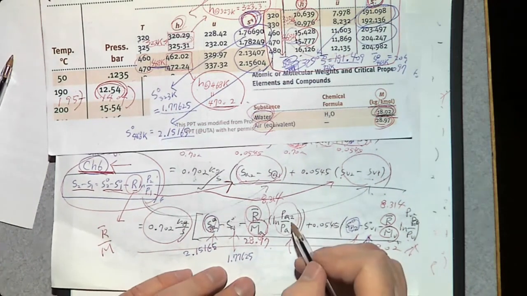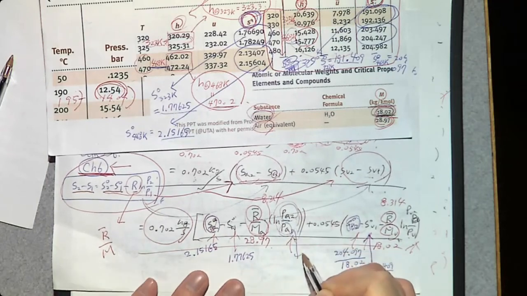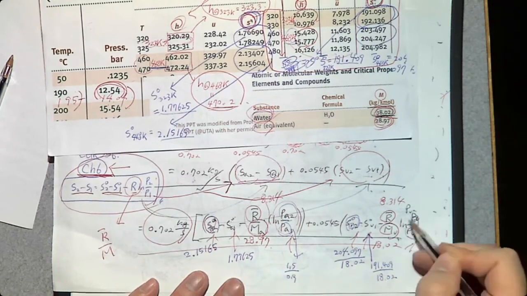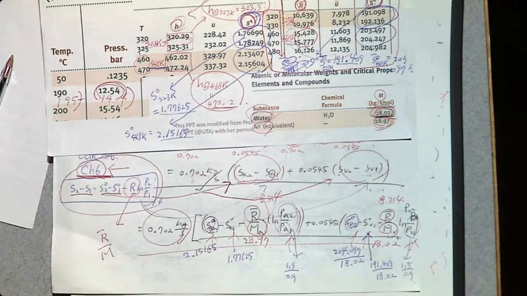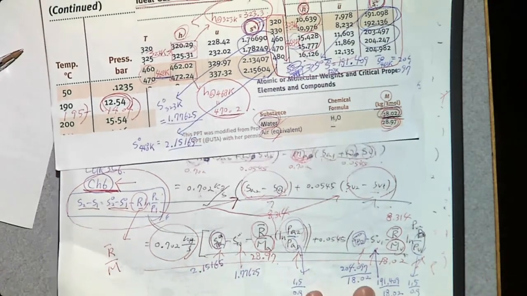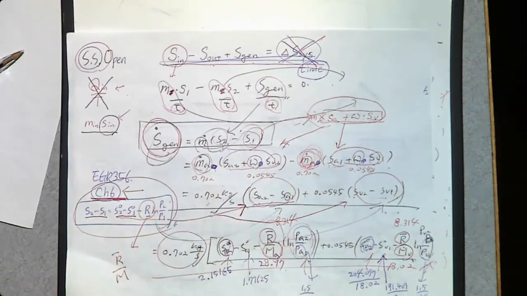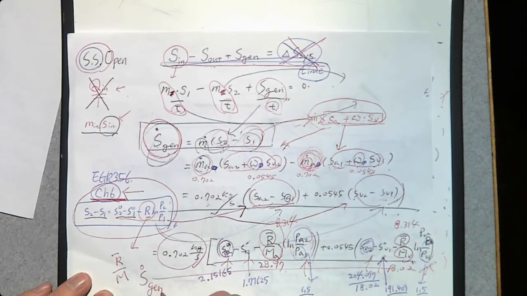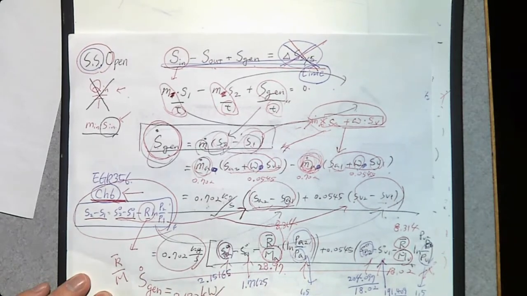Now, finally, the pressure ratio PA2 over PA1 is 1.5 divided by 0.9, and the same goes here, 1.5 divided by 0.9. If you solve this, you get the rate of entropy generation, which is 0.182 kilowatt per Kelvin.